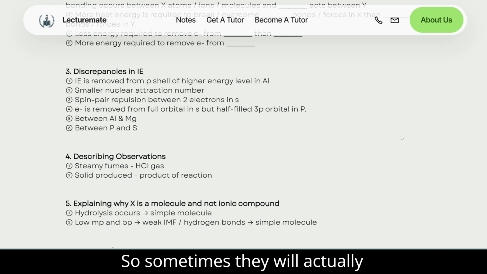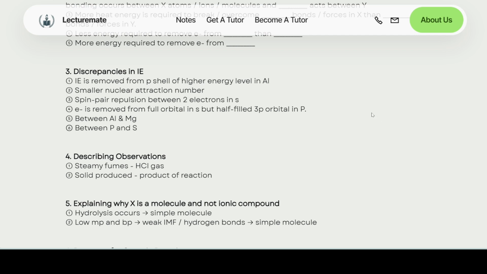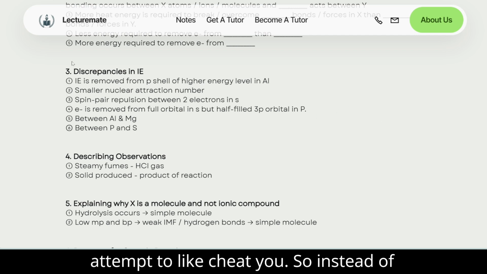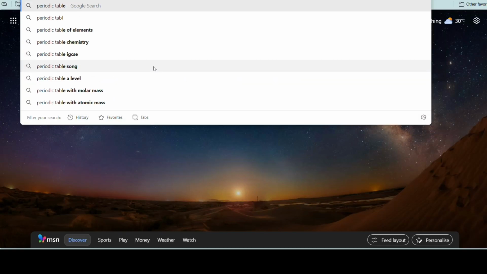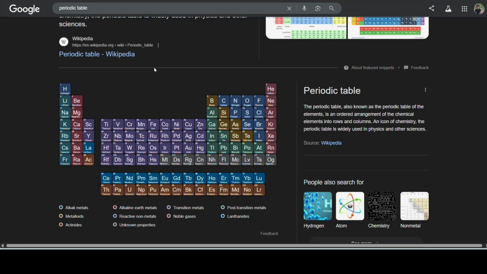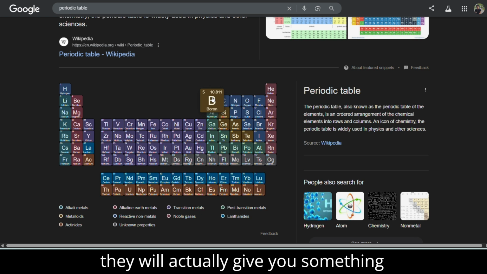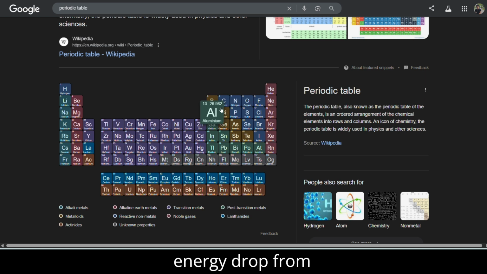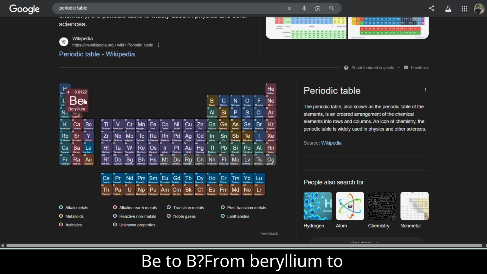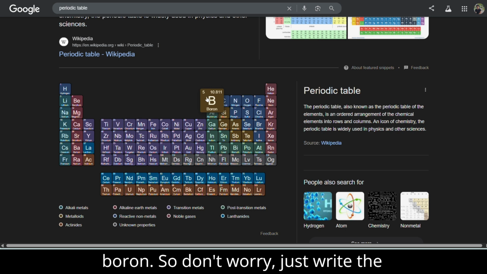Sometimes they will attempt to cheat you. Instead of giving Mg and Al, they will give you something like, why does the ionization energy drop from Be to B, from beryllium to boron.